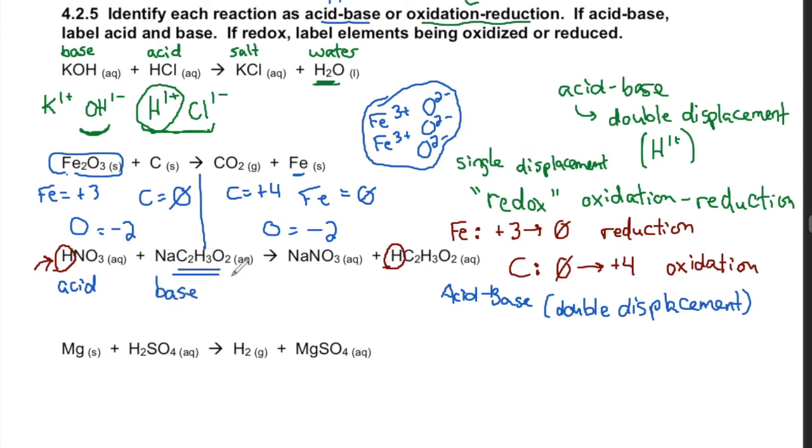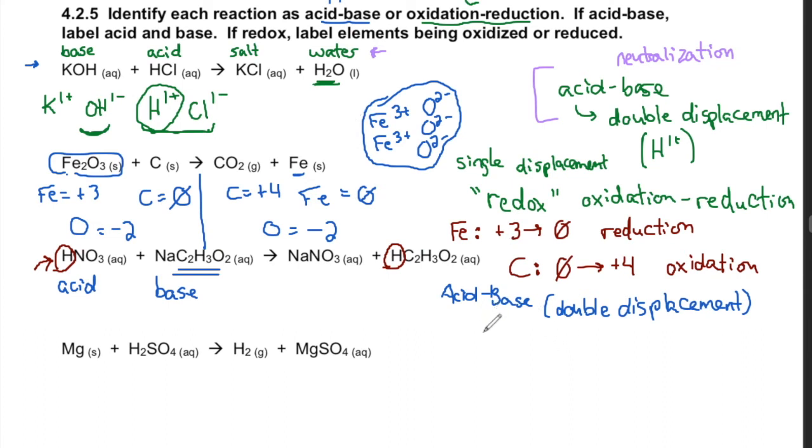It's accepting the proton. This particular acid-base reaction is not a neutralization like the first one was, because we don't have an acid and a base making a salt and water. But it is another acid-base reaction where a hydrogen ion is being transferred. I'll make a note here that the first acid-base reaction is a neutralization because the acid and base become salt and water.